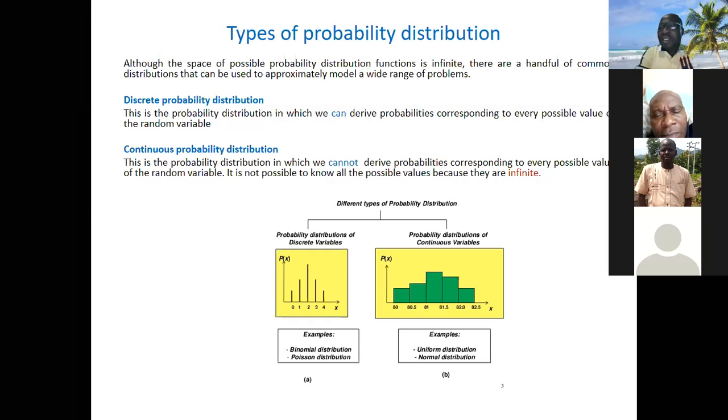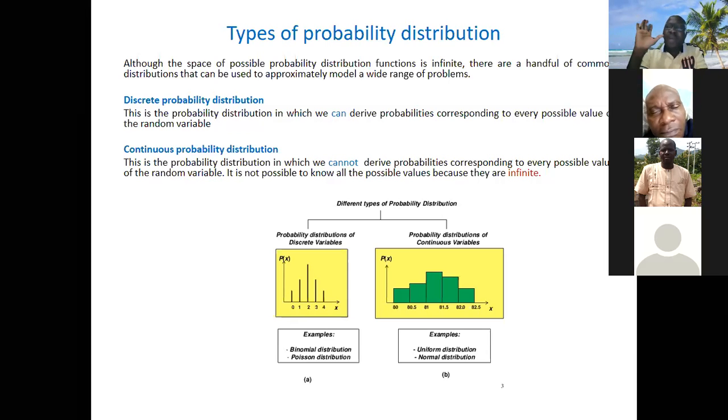continuous probability distribution or continuous variable, where you cannot say you know all the possible outcomes. For example, how many possible blood sugar or blood pressure values can you have? Anything that can have decimals is a continuous variable and can follow a continuous probability distribution.